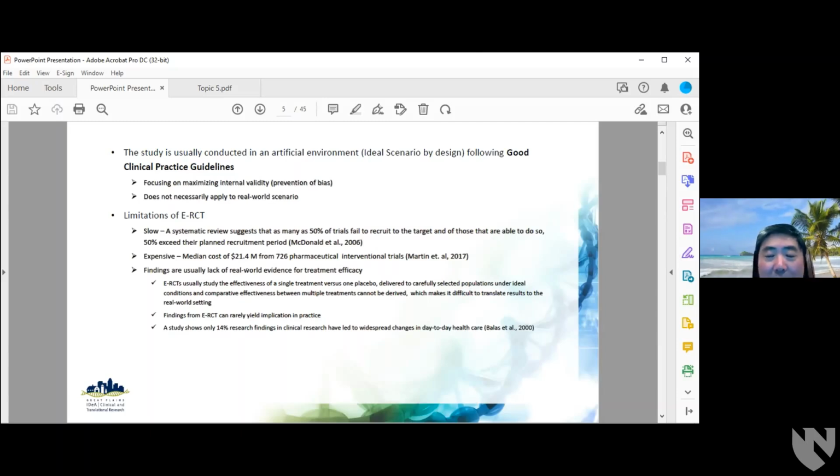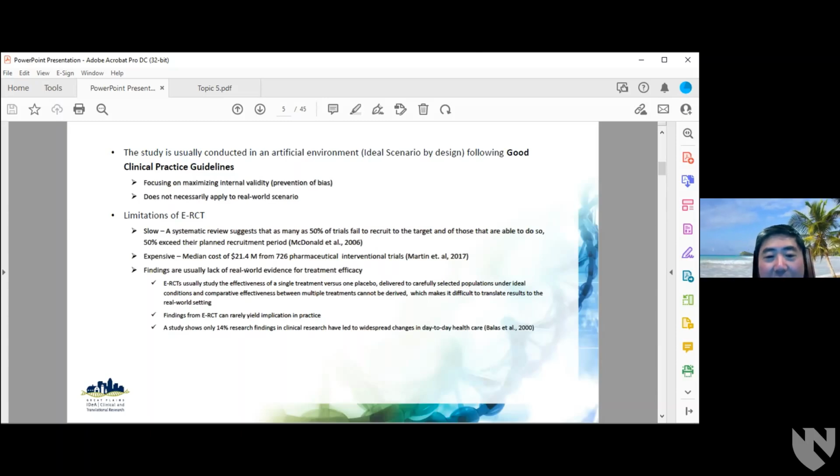That's part of the reason that we need to have a DSMB meeting. Every time you have this meeting, you need to check recruitment, whether it's on target or not, and whether you have a chance to complete the trial in a reasonable time frame. That's very important. And needless to say, it's very, very expensive.